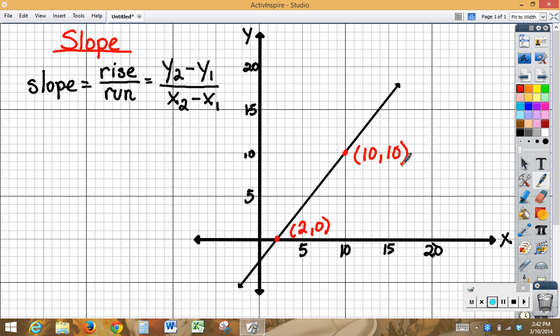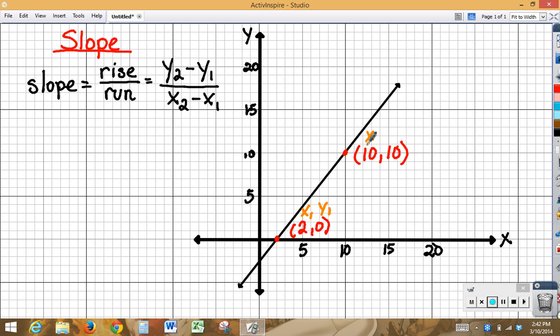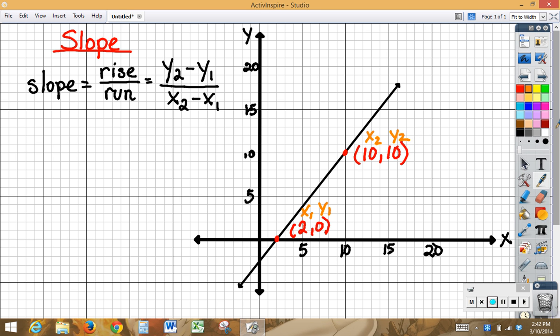Alright. And now I'm ready to label my coordinates so that we know how to plug them into the formula. So this is x1, y1, and this is x2, y2. And it doesn't matter which one we call 1 and which one we call 2. It does matter which one we call x and y because x has to come before y. So now I'm going to plug that into my formula here.